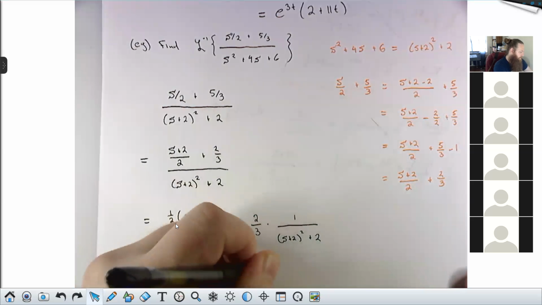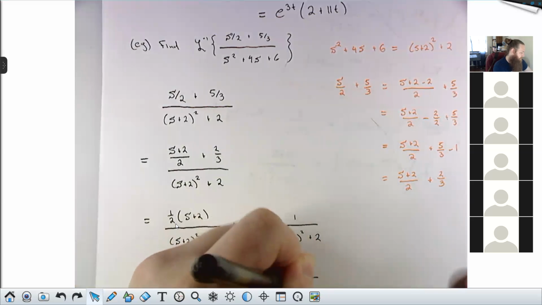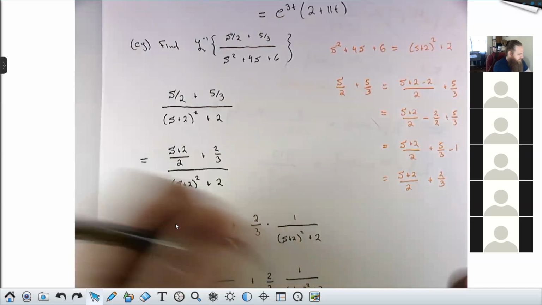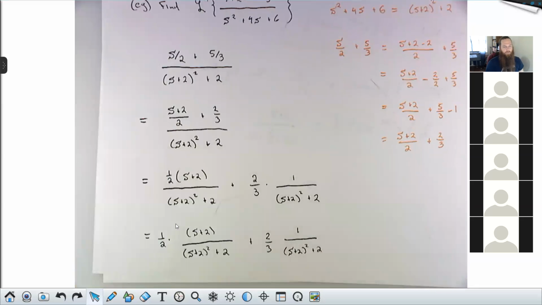And the 2/3 I already popped out from the second guy. And now, just like we did before, in order to conjure up the inverse Laplace transform of each of these, I should think about the associated non-shifted Laplace transforms.